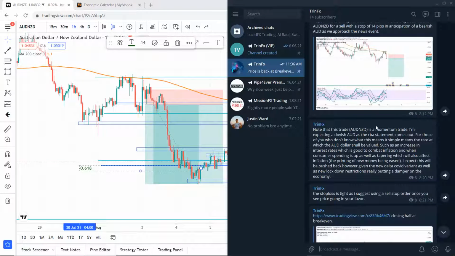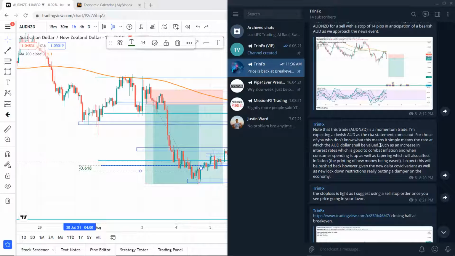So like I said here, it's a momentum trade. I'm expecting a dovish AUD, meaning a bearish tone on it, right? As the RBA statement comes out. For those that don't know, this is what value the AUD dollar would be valued at, right? If they would increase interest rates, which is good to combat inflation.